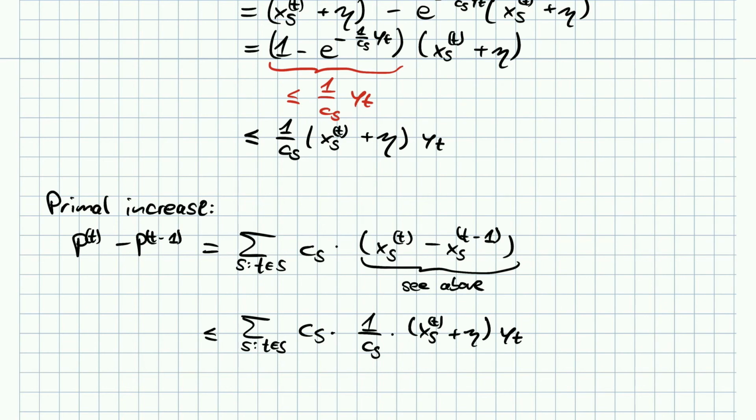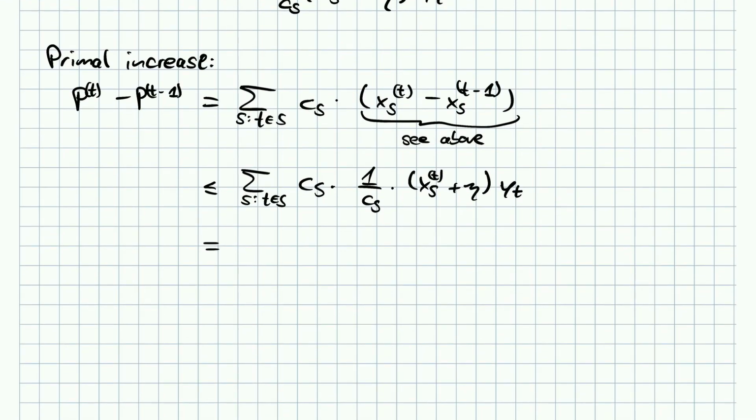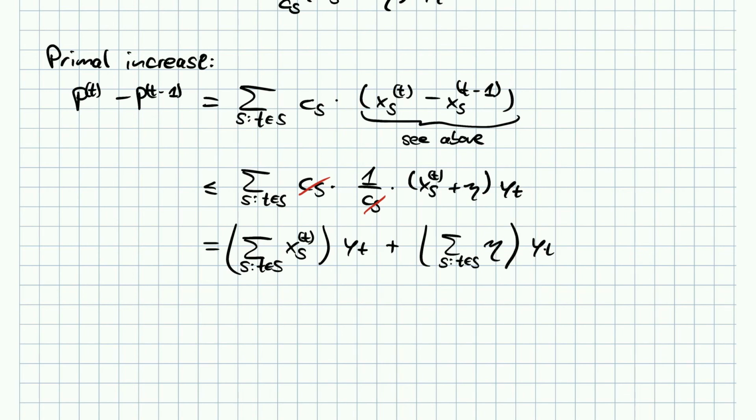And how big is this? Well, I get here that these things nicely cancel. So this is the sum of the x-s times yt plus the sum of the s that contain element t, just taking the sum of all eta.